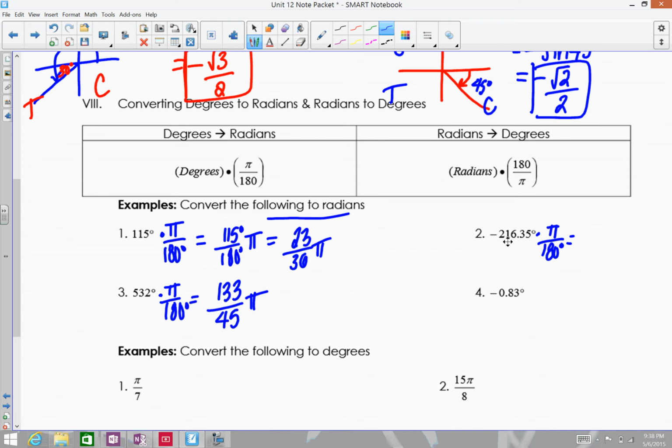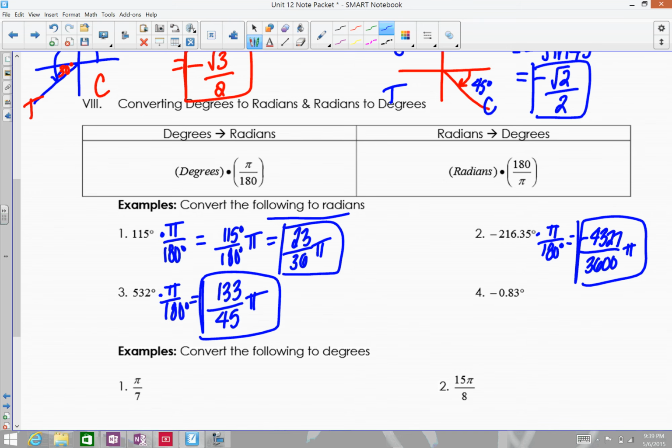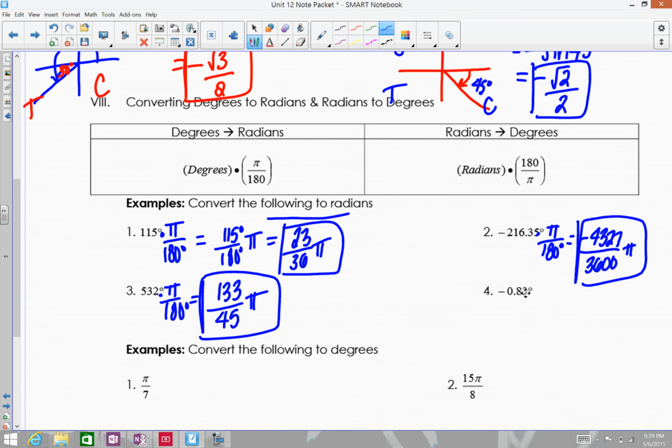So if I do negative 216.35 divided by 180, you end up with negative 4,327 all over 3,600. And then we keep our pi. And then the last one here, same thing.